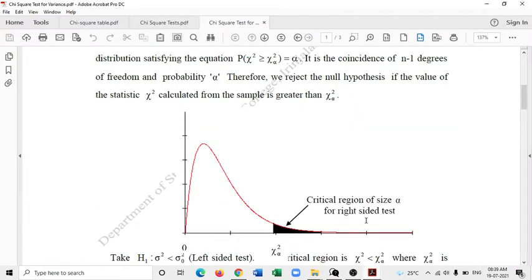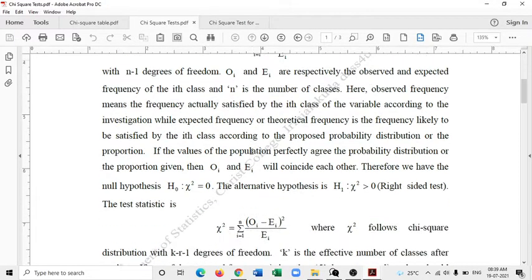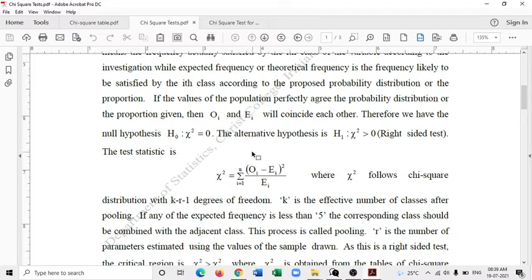So here the right-sided test has the critical region chi-square greater than chi-square alpha, where chi-square alpha corresponds to the degrees of freedom and the probability alpha. Therefore, the critical region appears on the right side. Here the critical region is chi-square greater than chi-square alpha, where chi-square alpha corresponds to degrees of freedom k minus r minus 1 and probability alpha. So what is k minus r minus 1?